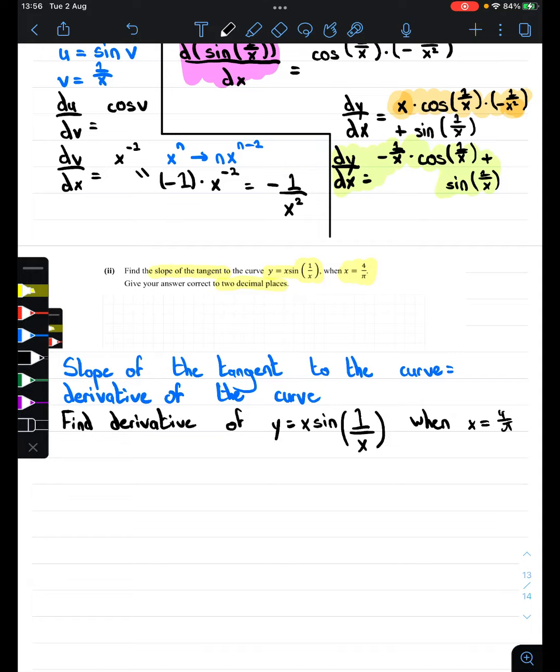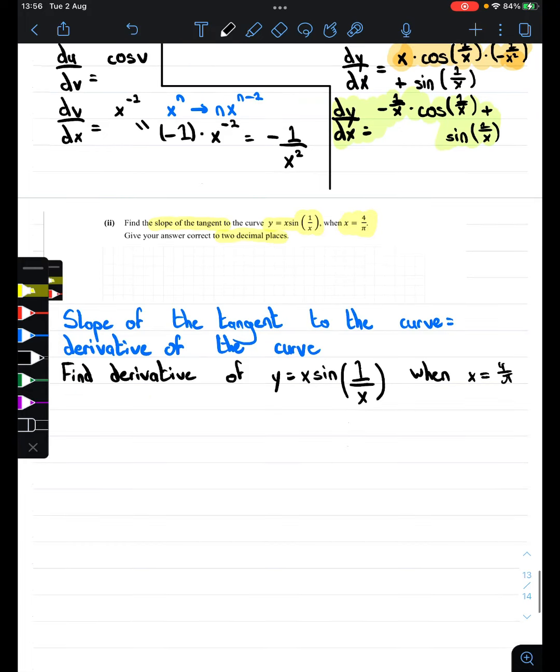Well, we've already found an expression for the derivative. And we want to sub in 4 over pi wherever we see x.